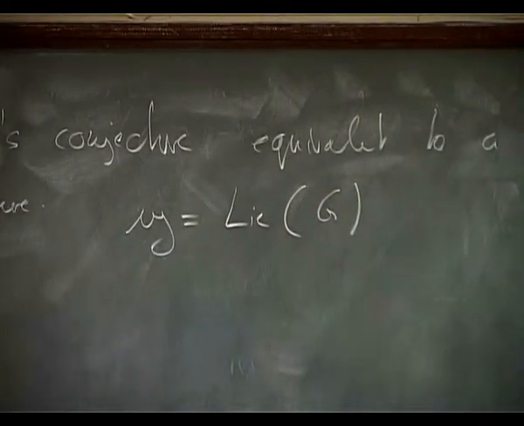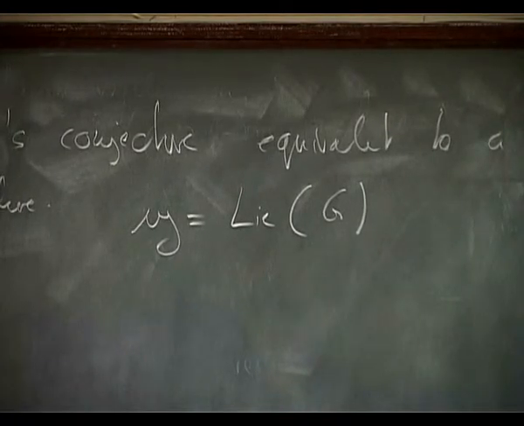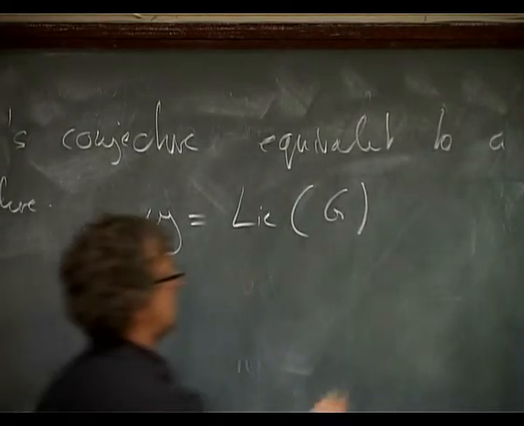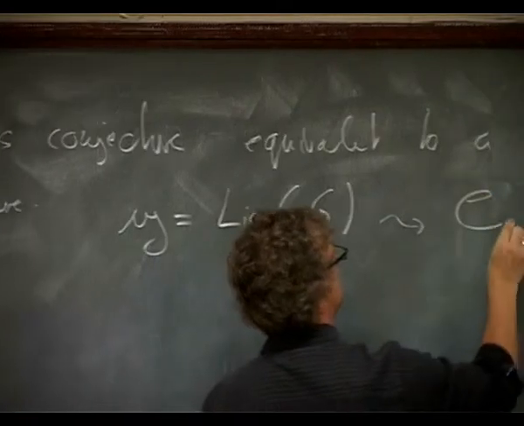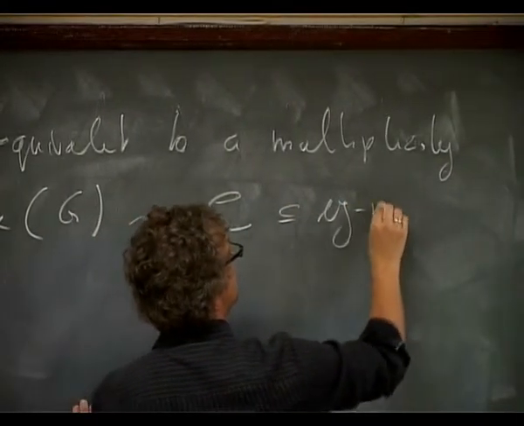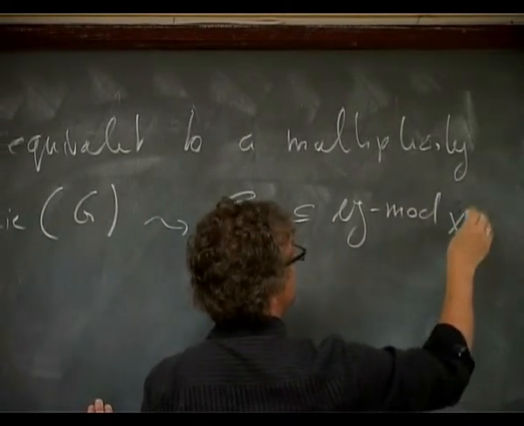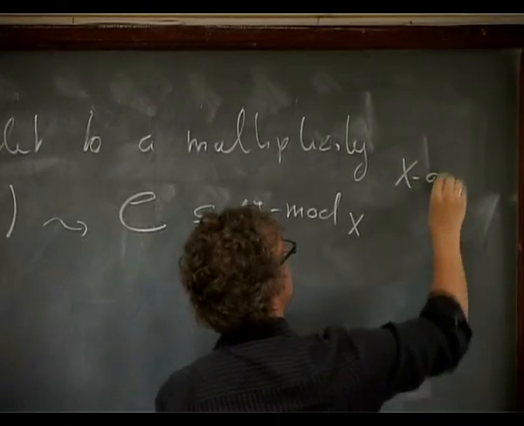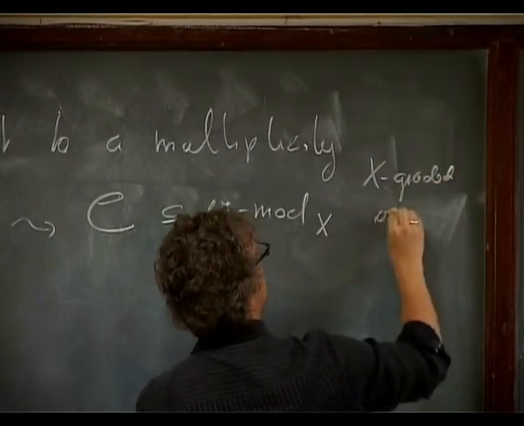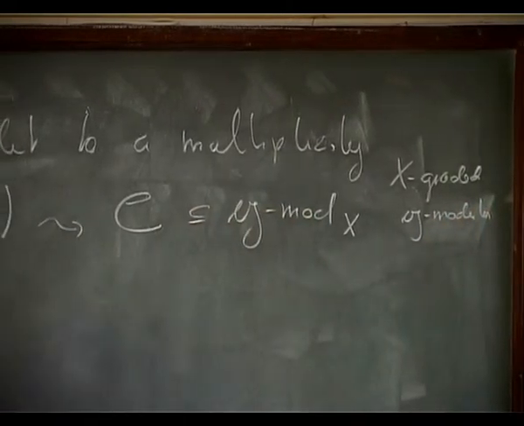So this is a modular Lie algebra over the field k of positive characteristic. And then you define a certain subcategory in the category of g-modules that carry an additional X-grading. So these are X-graded g-modules. This is a Harish-Chandra subcategory.